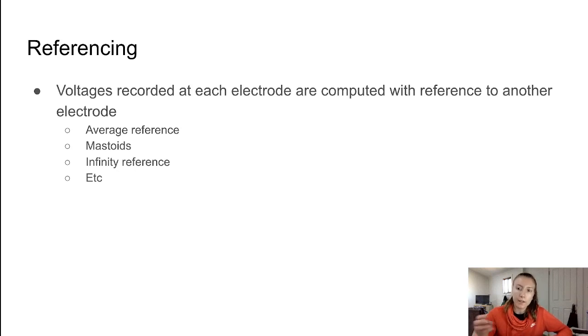What this means is that the voltage at one electrode is measured in reference to the average of all the other electrodes. We can also reference to an electrically inert site. A popular one is the mastoid, so the bone sitting just behind your ear. While this has been shown now to not necessarily be inert, it is a popular option. There are others. I'll leave that there now. We'll discuss that in more depth in future.